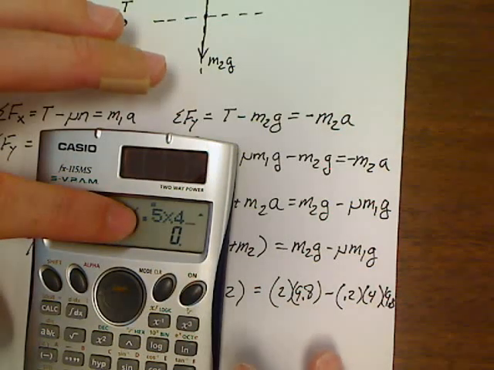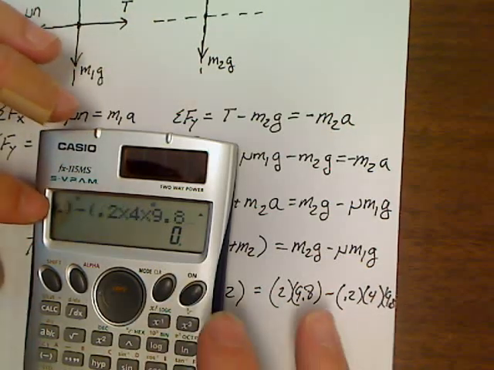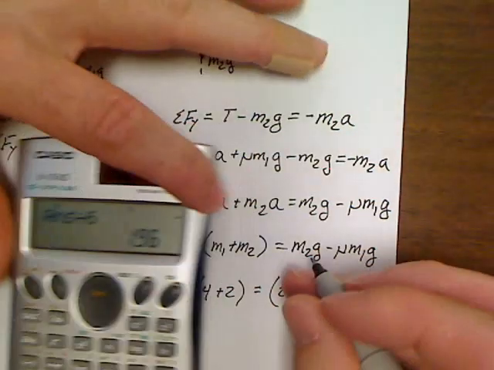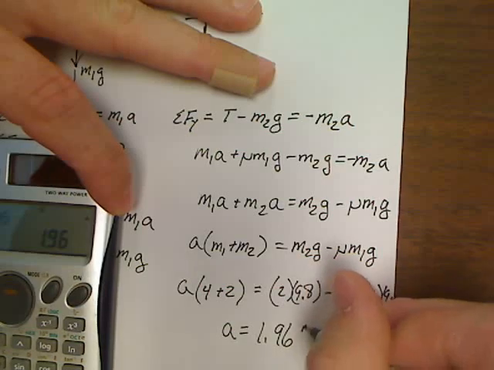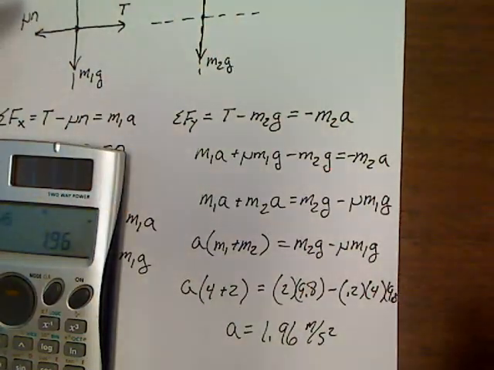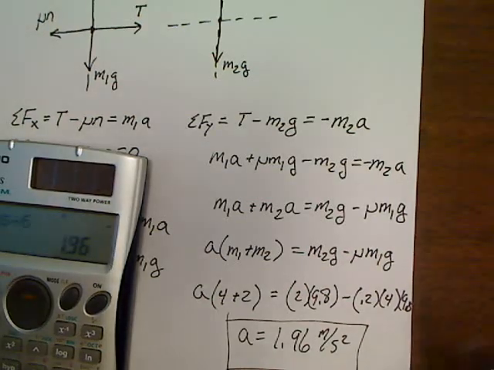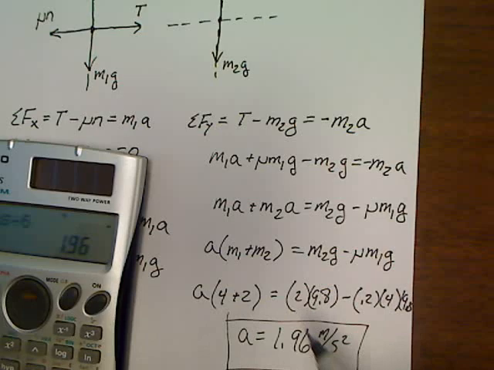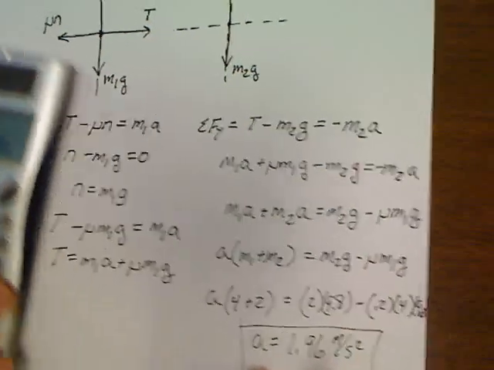And, ooh, I put 0.5, so I'm glad I caught that. 0.2 times 4 times 9.8, divided by 6 is 1.96 meters per second squared. Once again, ask yourself, does this answer make sense? Yes, it does, because you can see that we're less than 9.8.